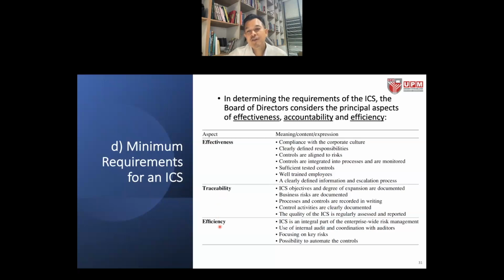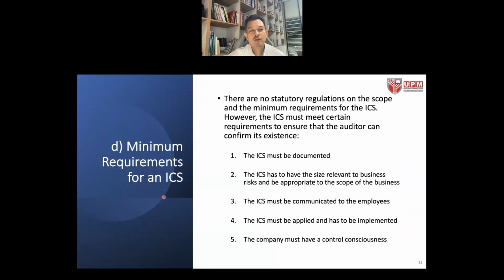And finally, efficiency, whether the ICS is efficient or not, by looking at it as an integral part of the enterprise-wide risk management. Use of internal audit. You may have to form your internal audit team and coordinate with auditors. Maybe you can also engage external parties, focus on key risks, and possibly automate the controls.